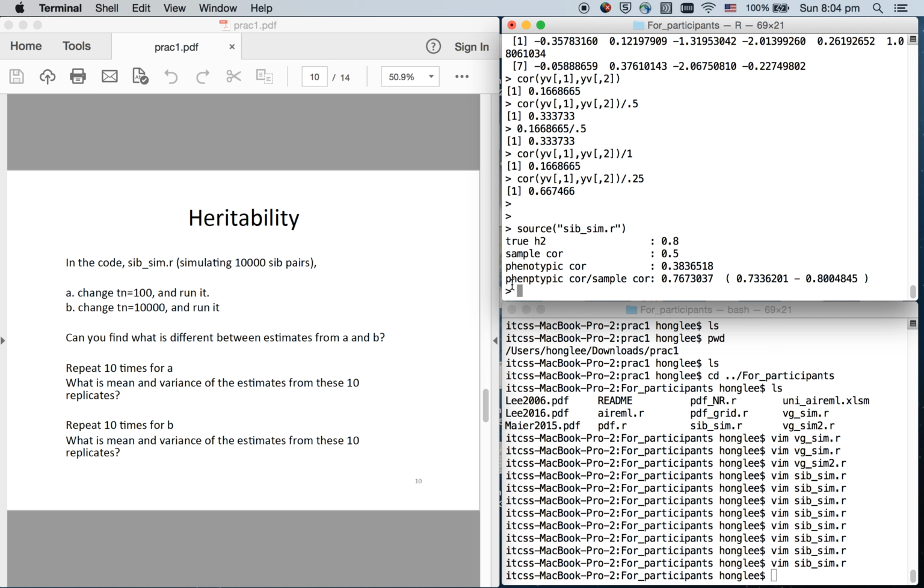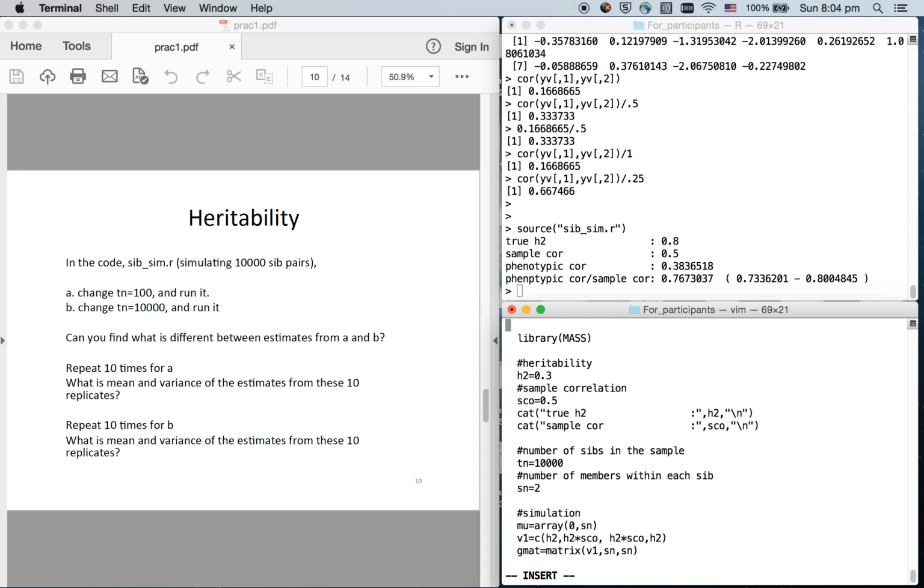Let's have a look at the code, and see what happens when you change the number of records to 100. Let's try based on the full sib design. Let's try the number of records for the sibs as 100, then see what happens.